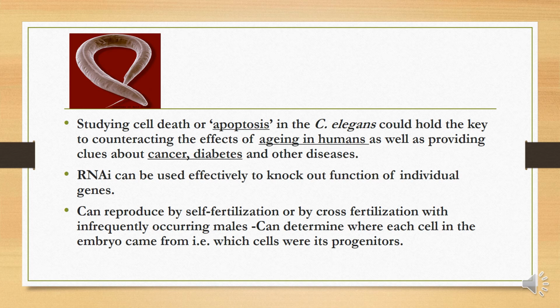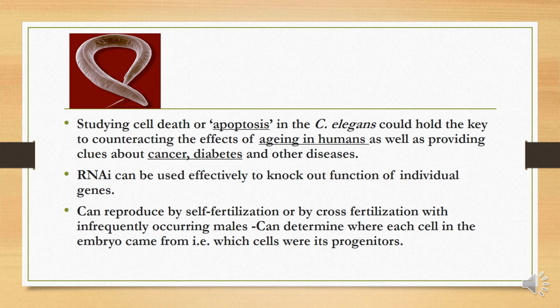Studying cell death or apoptosis in C. elegans could hold the key to counteracting the effects of aging in humans, as well as providing clues about cancer, diabetes, and other diseases. So, most of the studies on apoptosis are done by using C. elegans. RNAi or RNA interference can be used effectively to knock out the function of individual genes.